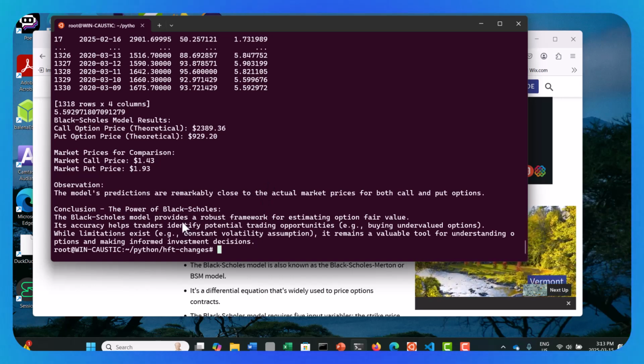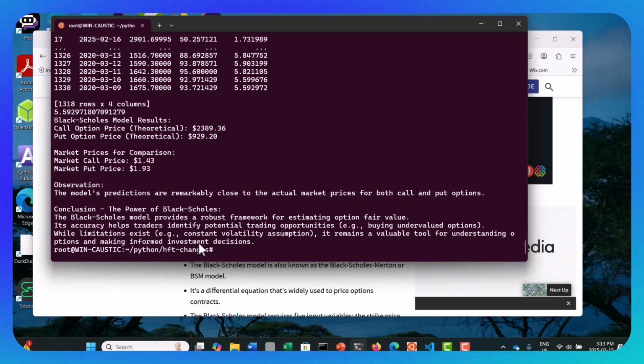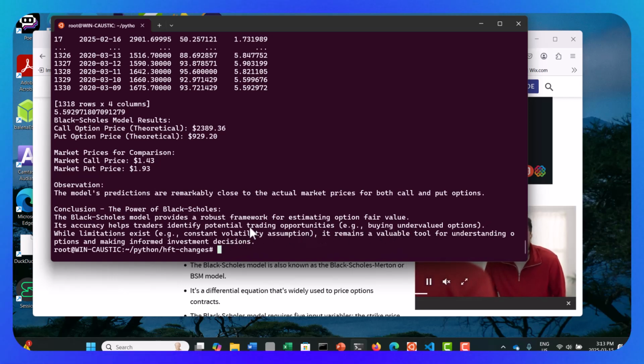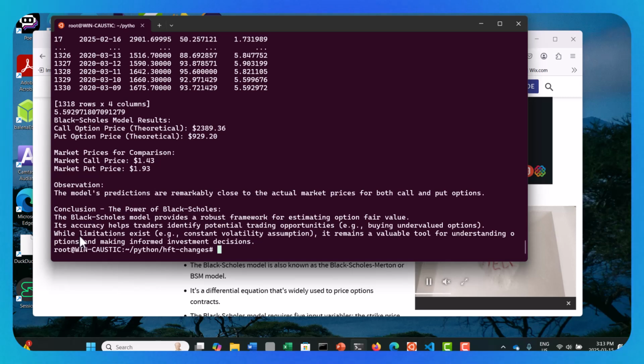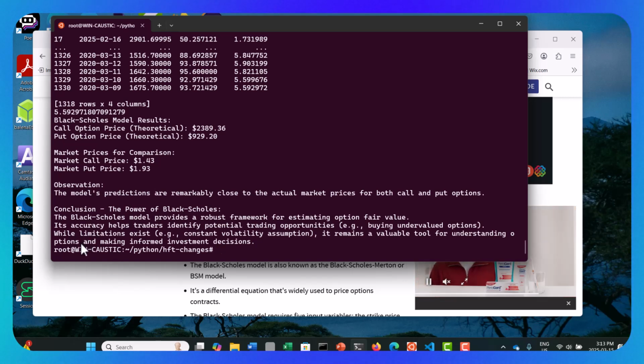Anyway, the Black-Scholes provides a robust framework for providing option fair value. Accuracy helps traders identify potential trading opportunities, buying undervalued options. That's part of the goal here, or selling as well, depending; you just flip everything backwards. But it's really for the buying option.